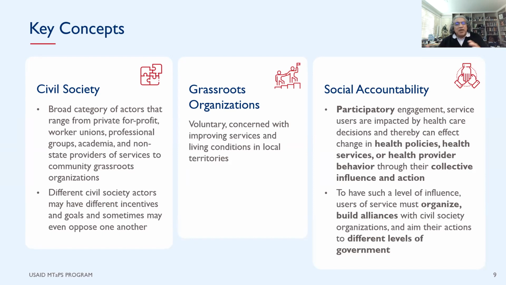And there are many concepts of social accountability, but what we need to keep in mind is that first, it's a participatory process of those directly affected by the problems, in which they engage to try to influence public policy and services.